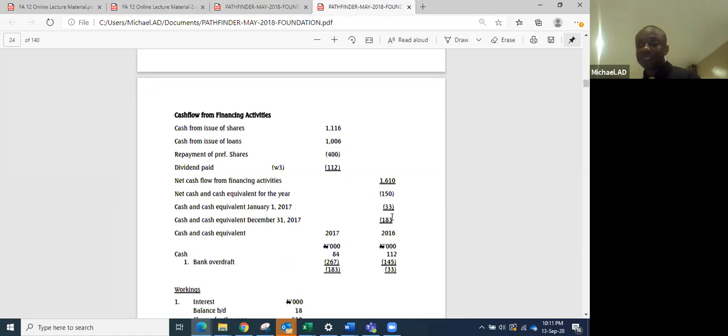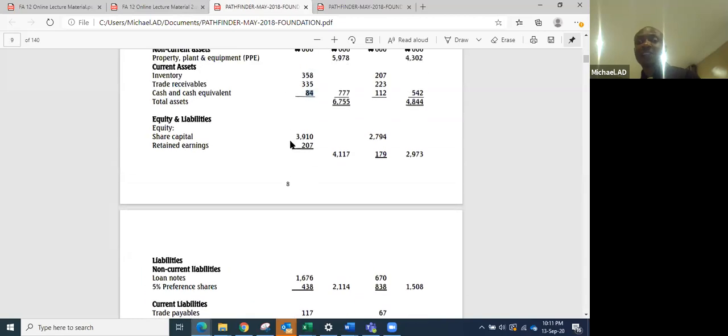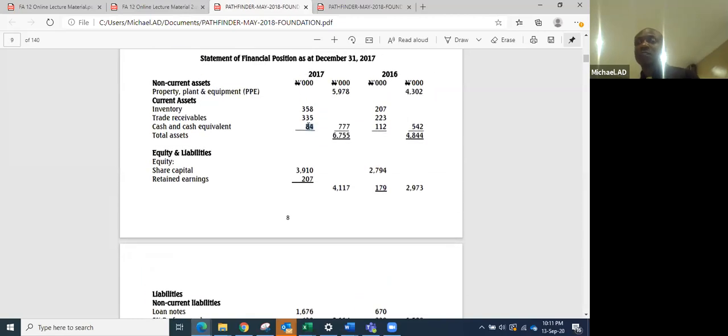So 183, 183. This means that your cash and cash equivalents is equal to your balance sheet cash. So basically, at the end of your calculation of your cash flow, it needs to rhyme with the cash and cash equivalents.